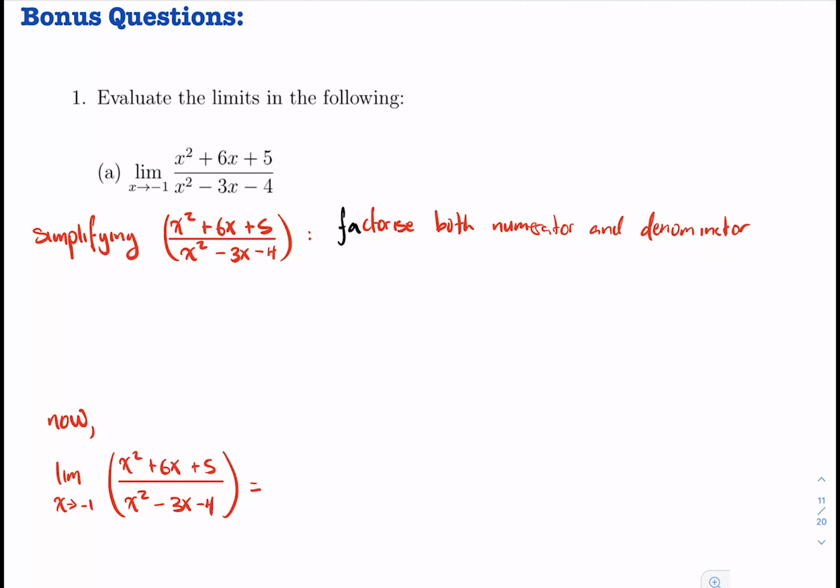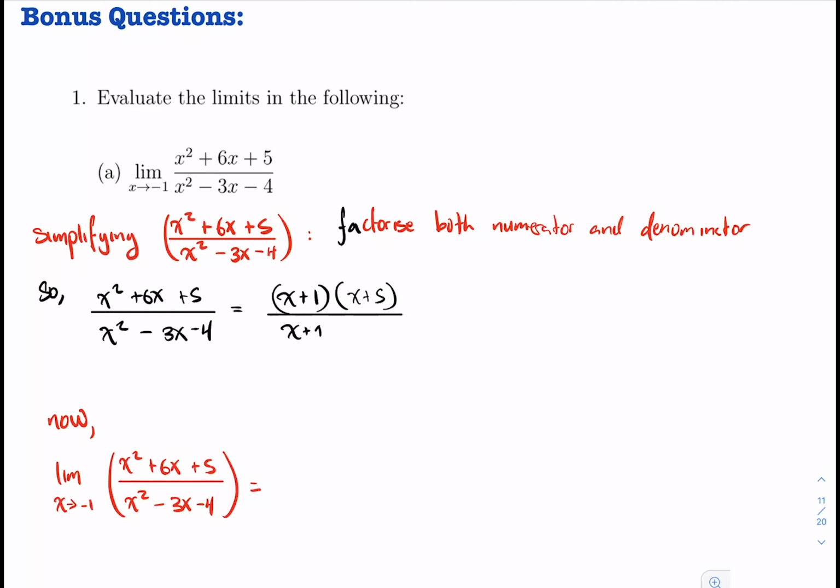Okay, so here we have x squared plus 6x plus 5 divided by x squared minus 3x minus 4, which is equal to (x plus 1)(x plus 5) divided by (x plus 1)(x minus 4).